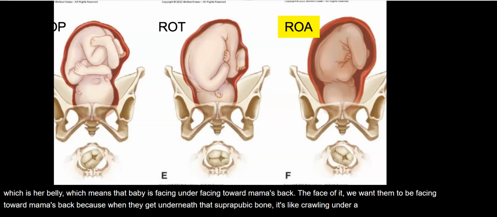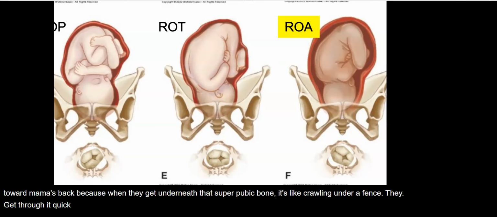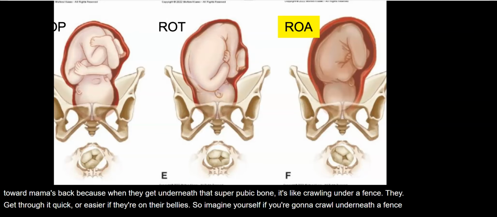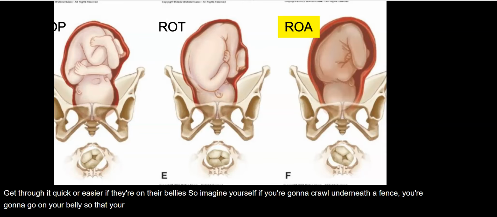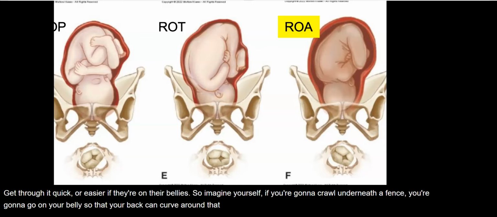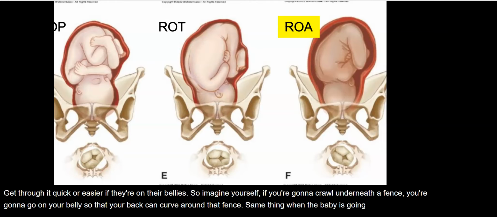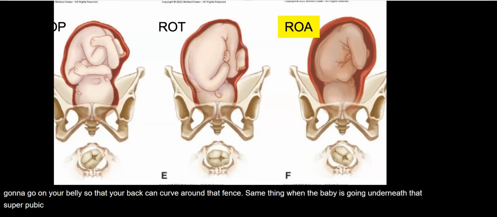They can get through it quicker, easier if they're on their bellies. So imagine yourself, if you're going to crawl underneath a fence, you're going to go on your belly so that your back can curve around that fence. Same thing when the baby's going underneath that suprapubic bone, we want them on their bellies so they can curve easier around that fence. Okay.